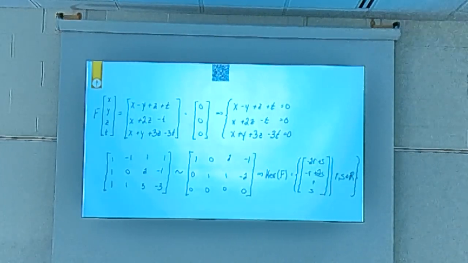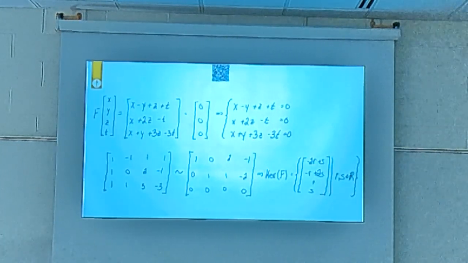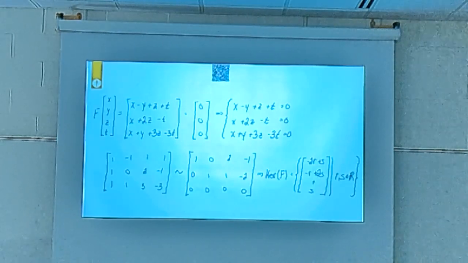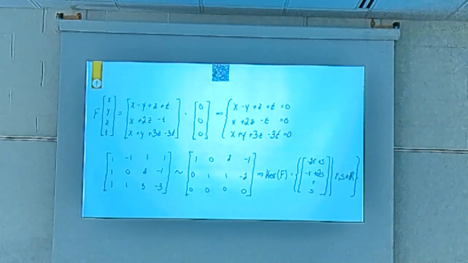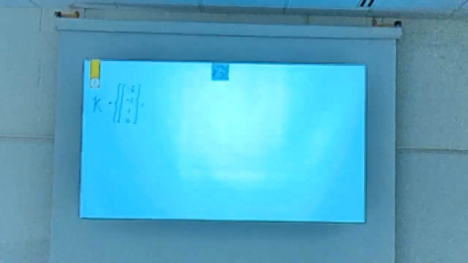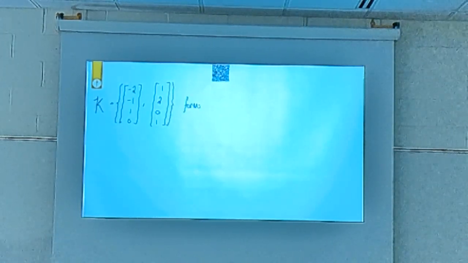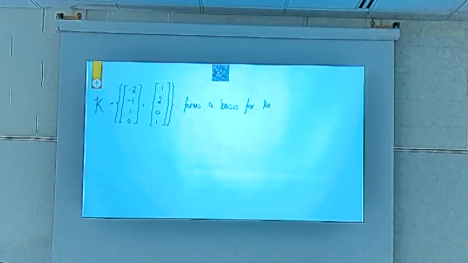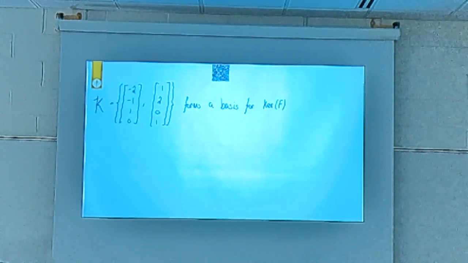I'm going to do the same thing now for your second free variable s. Coefficients 1, 2, 0, 1. There's your second vector, and there's your basis for the kernel.